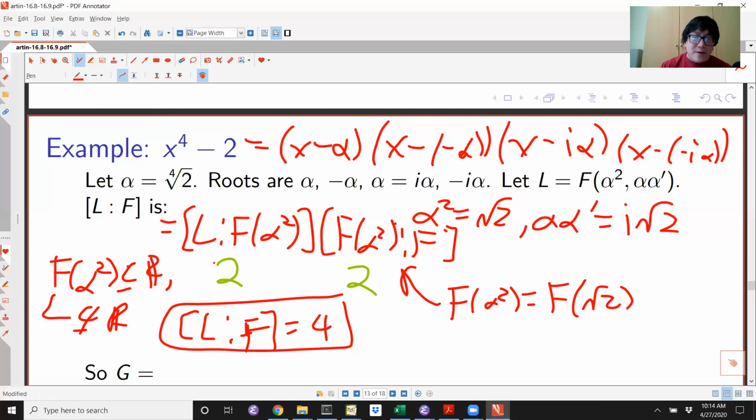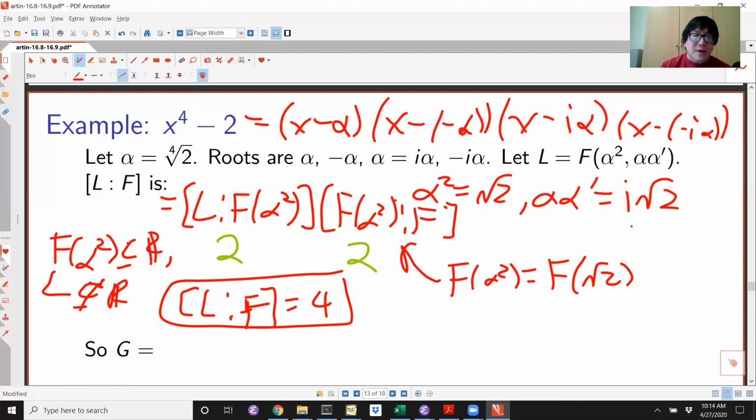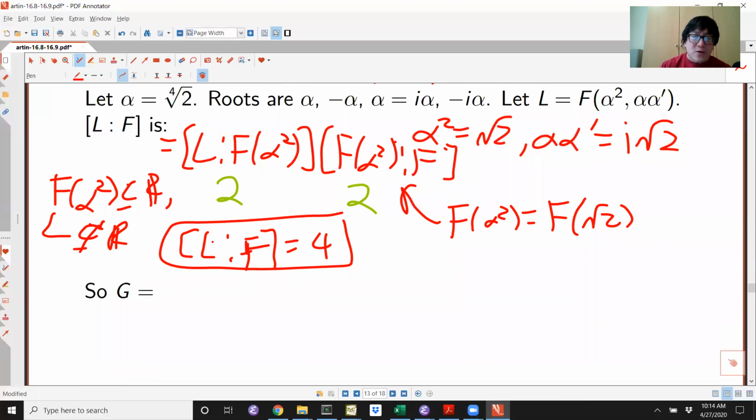This calculation shows that the degree of L over F of alpha squared is at least 2, because L is not equal to F of alpha squared, and the degree of this element is at most 2, and so it has to be equal to 2. All right, and so L as an extension of F has degree 4.